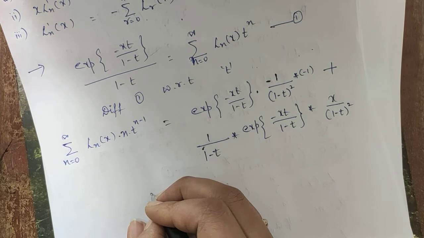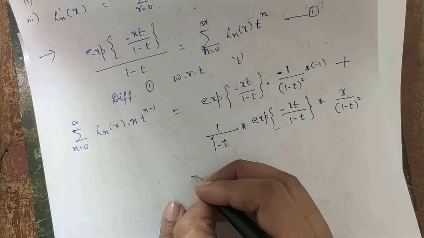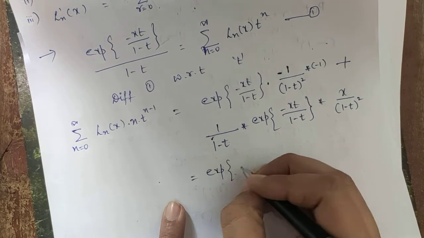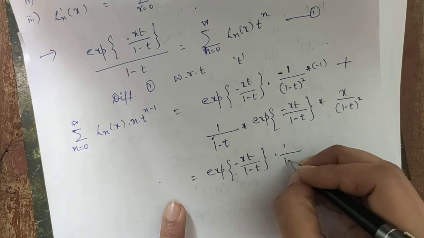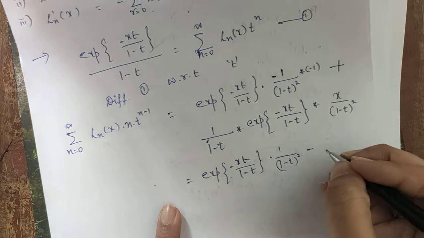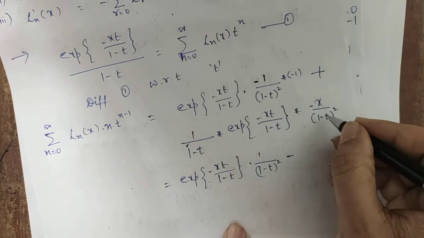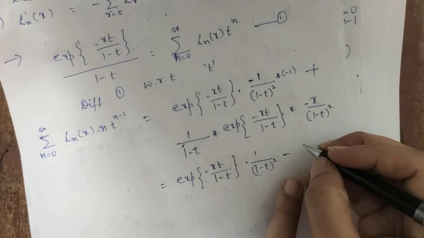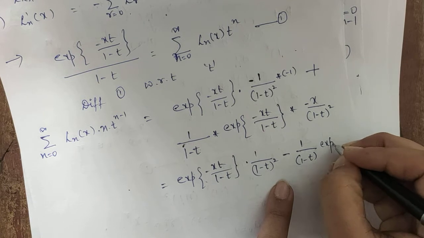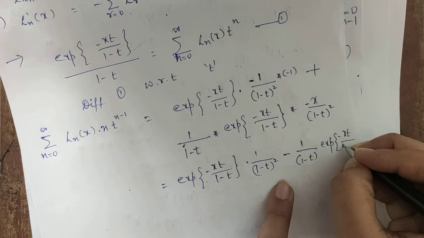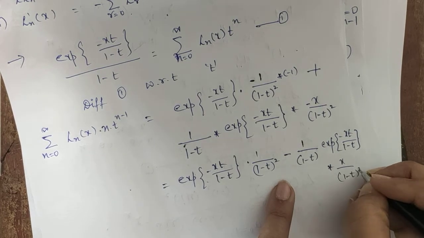So I can write this as exponential of minus xt by 1 minus t into 1 by 1 minus t whole square minus, if you differentiate minus t you will get minus, right? So minus 1 by 1 minus t into exponential of minus xt by 1 minus t into x by 1 minus t whole square.